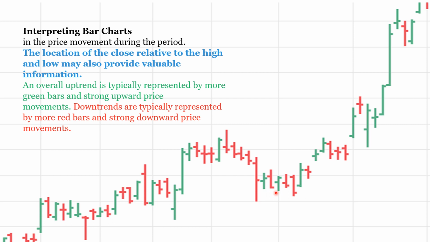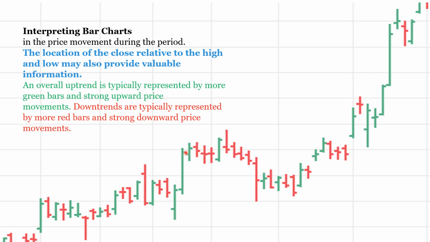The location of the close relative to the high and low may also provide valuable information. If the pair rallied higher during the period, but the close was well below the high, that means that towards the end of the period, sellers came in. That is less bullish than if the asset closed near the high for the period. For example, this is a very good example.